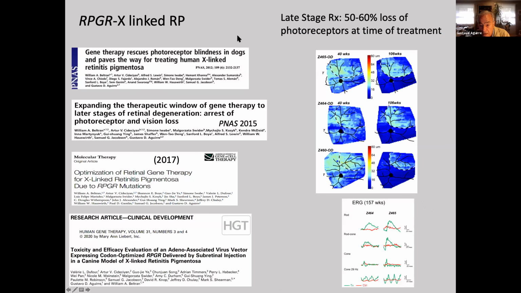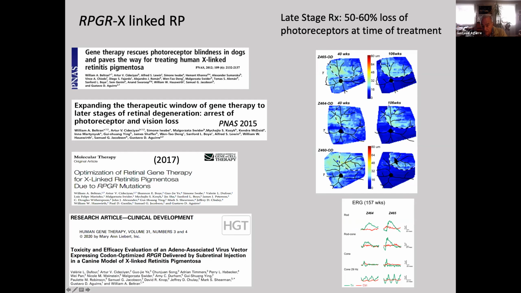Let me give you a couple of examples of studies that we've done with X-linked RP caused by mutations in RPGR. In 2012, as I said, we showed that it was effective in either arresting the disease or preventing it. A few years later, we then showed that if you delay the treatment, not to when it's early, but in the mid or late stages of the disease, at a time when you've lost 50 to 60% of the photoreceptors, treatment in these areas, you see the dashed lines, arrests further progression of the disease.